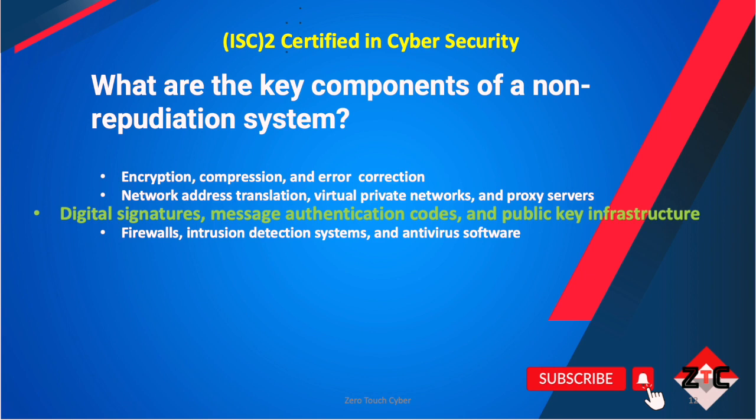And the public key infrastructure is used to manage and distribute the public keys needed for digital signatures and message authentication codes. So the correct answer is the third option, digital signatures, message authentication codes and public key infrastructure.